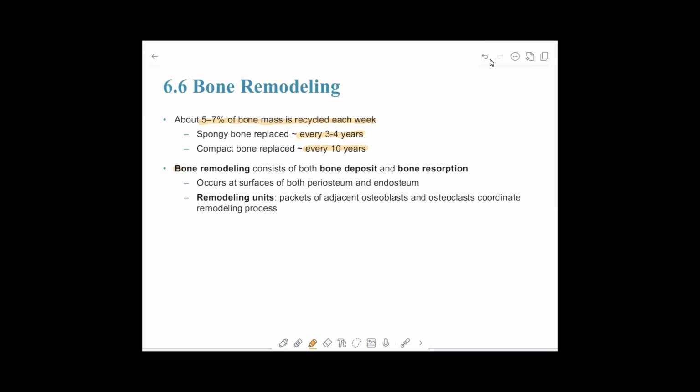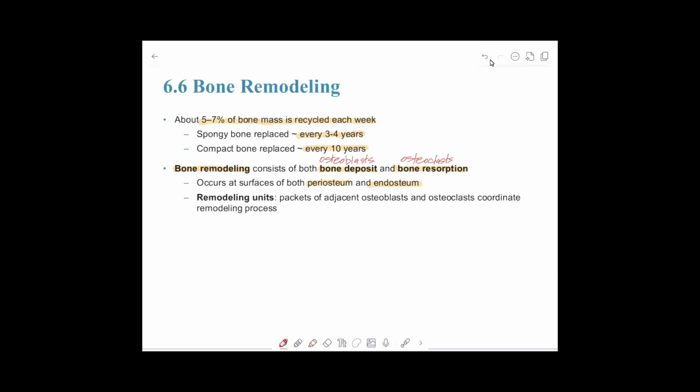So the bone remodeling process occurs because of the rate of bony deposition, which is by osteoblasts, and bone resorption, which is from osteoclasts. So these two cells are going to work at the surfaces of the periosteum and endosteum.